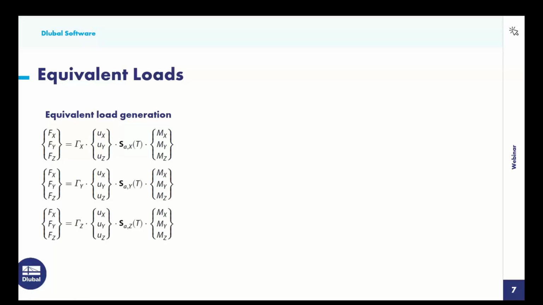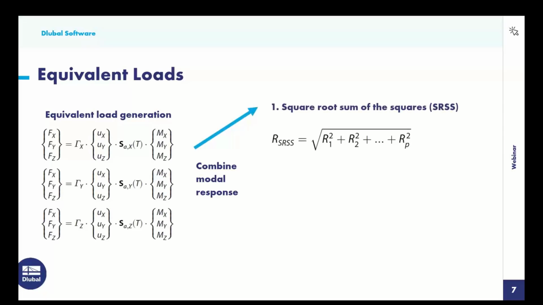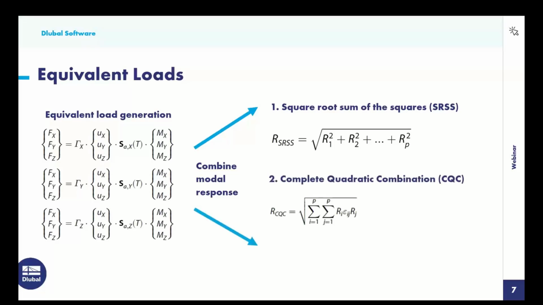So, these loads are generated for each mode shape, and the question is, well, how do we combine these modal responses? And it's with one of two methods. The first is the square root sum of the squares. So it's exactly as it sounds. We're going to take the square of each modal response, add them together, take the square root. So fairly straightforward there. The other option is going to be the complete quadratic combination, the CQC rule.